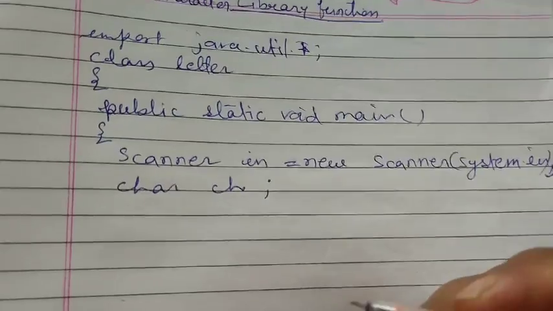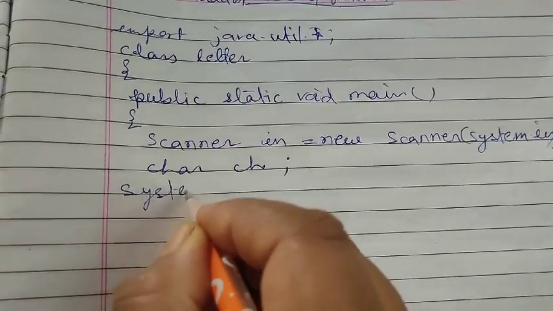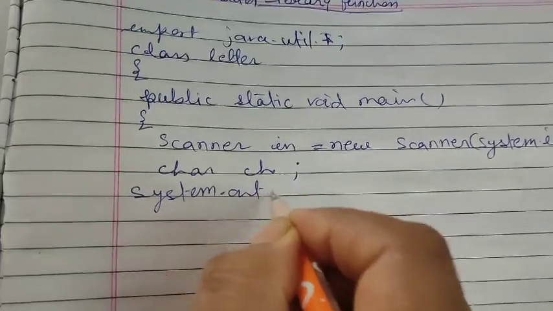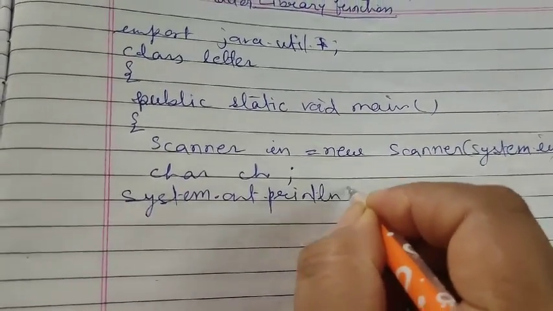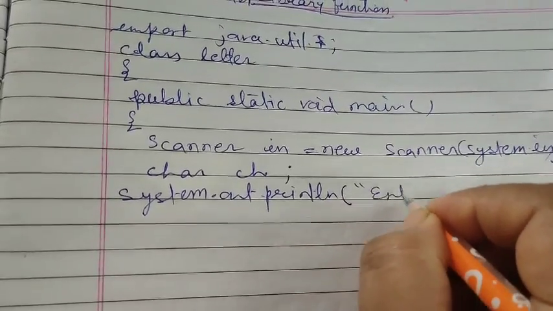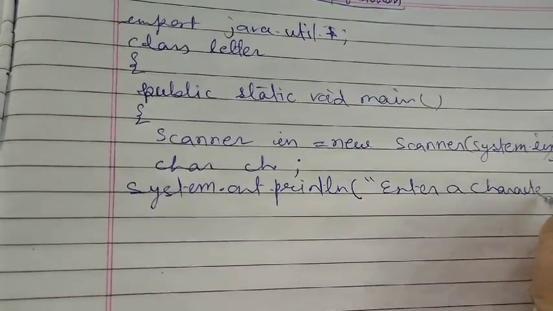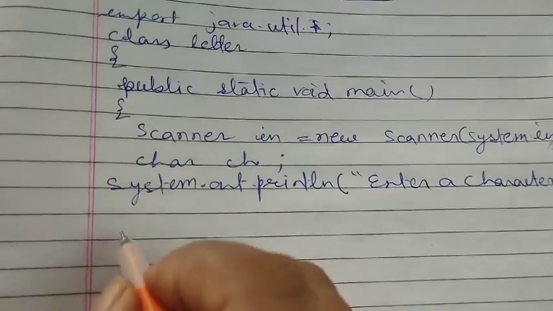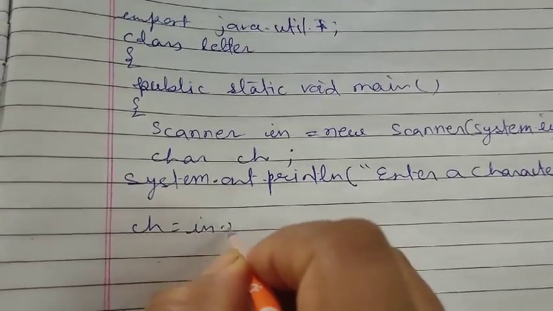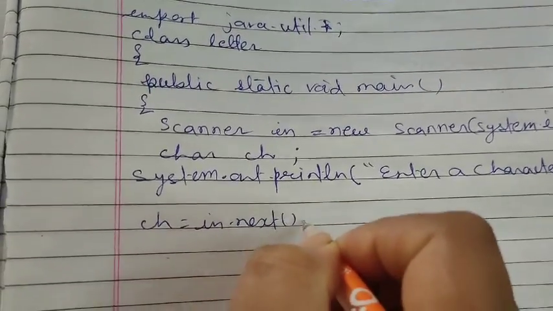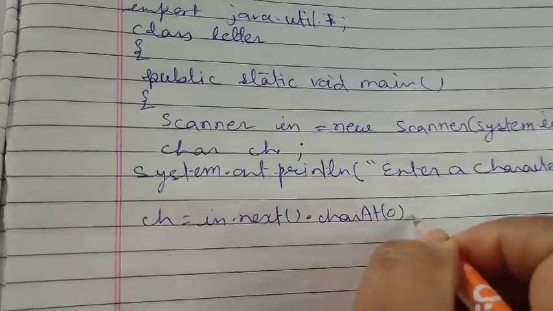Afterwards I am going to enter a character, so I will write System.out.println, enter a character. So how am I going to enter it? ch is equal to in.next().charAt(0).